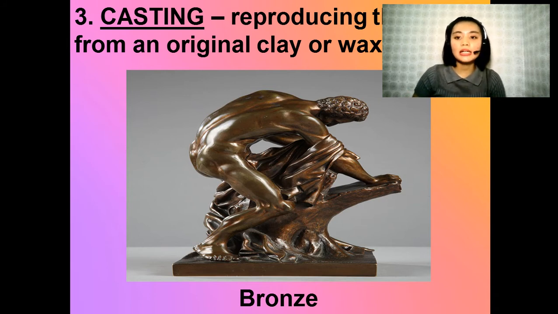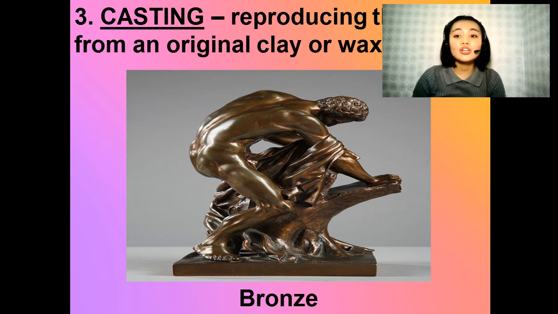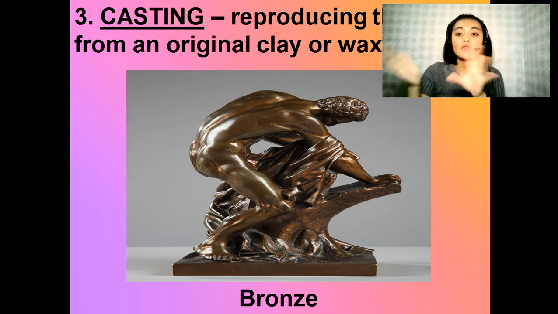So for example, halimbawa gusto nyo maghulma, di ba yung sa mga pader, kapag nagbubuhos kayo ng poste, may hulmahan muna kayo ng mga plywood na ganyan eh. Tapos binuhusan nyo yun ng semento, pag tinanggal nyo ngayon yung plywood, hugis poste na siya. So, parang ganun yung casting. Meron kayong hulmahan, and then ibubuhos nyo yung liquefied material.